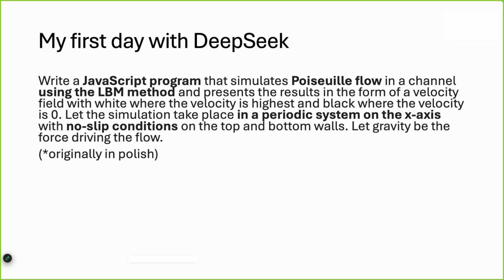Here, I didn't put any detail on LBM. I said implement LBM, and so the language model has to take LBM from somewhere, from the knowledge it has. And now one could say, okay, so what will the language model do? It will go to a website, copy the code and provide it to me.